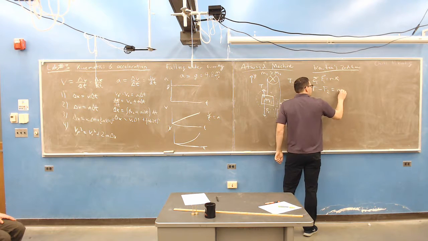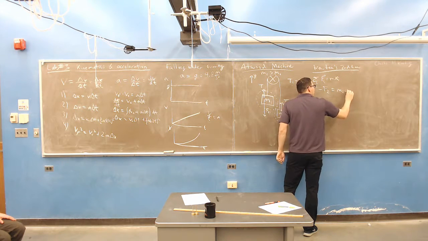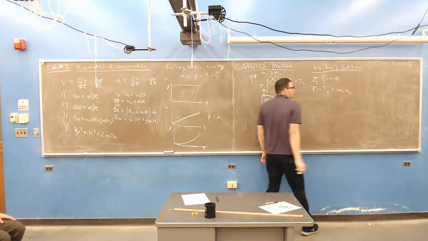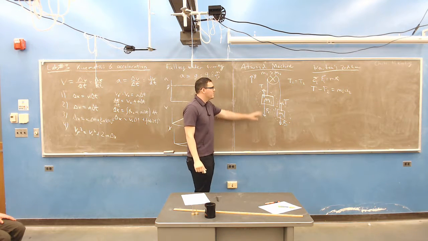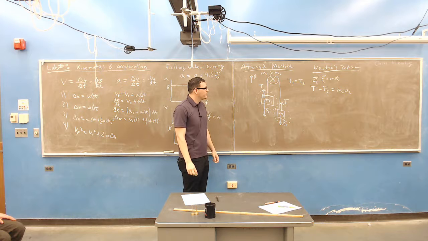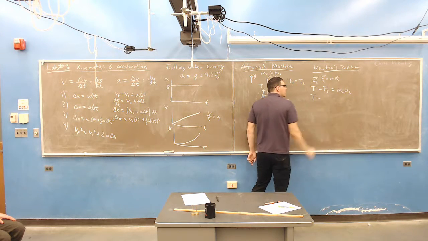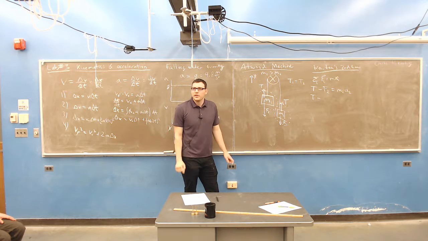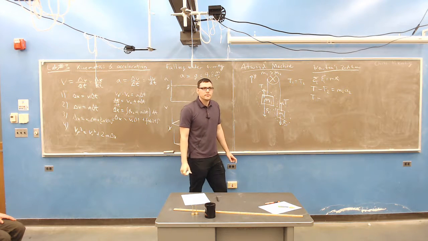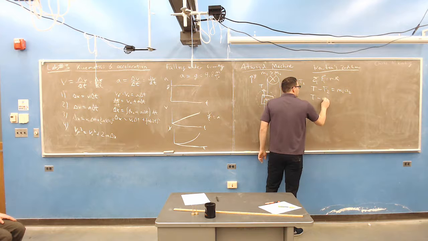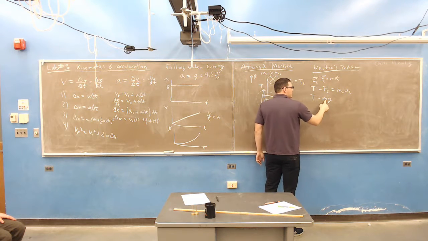And then I'm going to say it is equal to M2 A2. So this is focusing on this object. And then we can simplify this. What is the force of gravity on M2? It's mass times gravity, but specifically mass 2, right?